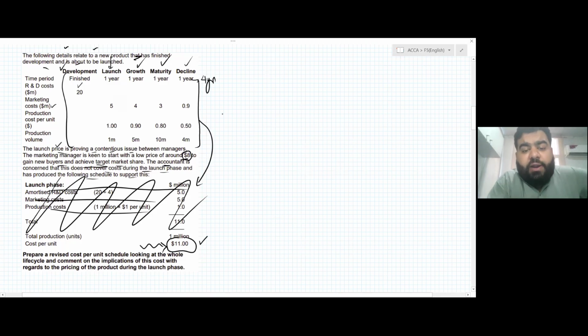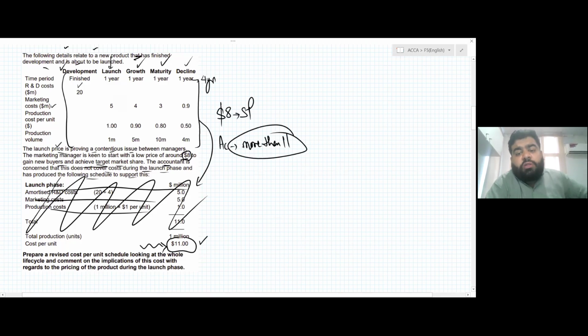Now there is a conflict: he is saying $8 should be the selling price, and the accountant is saying it should be more than 11 because 11 is cost, so in that case we'll make a profit. We'll see whether it's correct or wrong. For now it seems the accountant is right, that 11 is a cost and we should sell for more, but the marketing manager says sell it for 8.